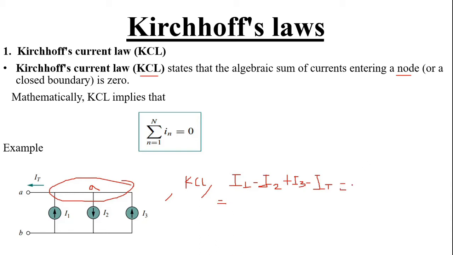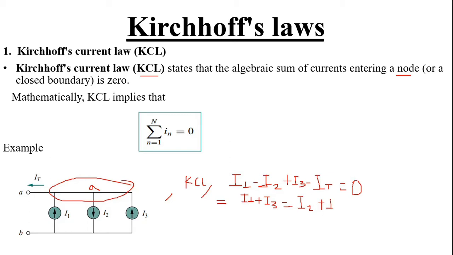So the currents entering a node and the currents leaving a node, if we take the sum of these elements, it is 0. So from this, I1 plus I3 equals I2 plus IT.